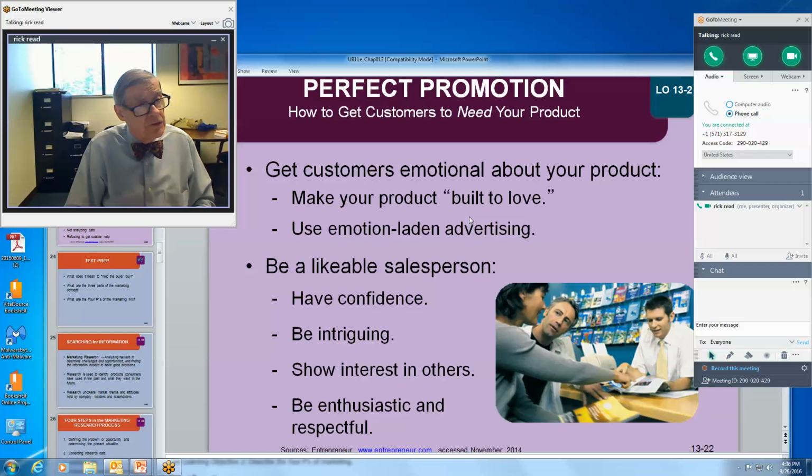And that is to show that you're interested in the buyer and you're interested in helping him or her make a decision, letting them see that the product you're selling is good for them, and then being respectful. Enthusiasm, of course. You're not going to sell something if you're not enthusiastic, but you have to be respectful to the buyer.